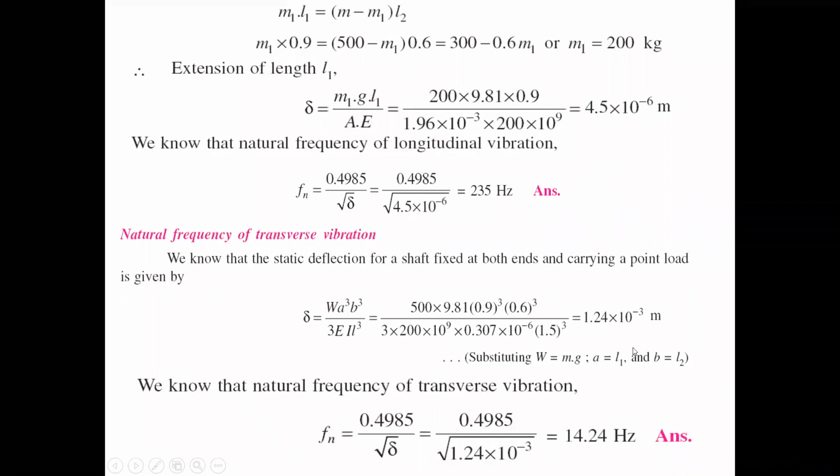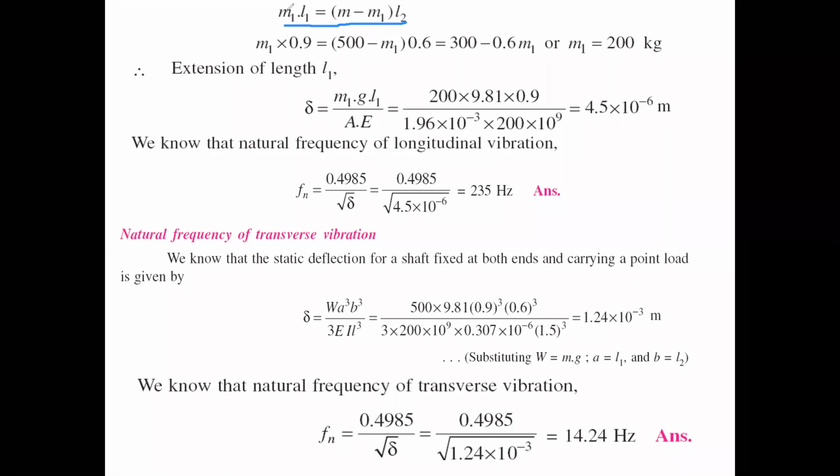Now what are the known values? Those values are substituted in this.